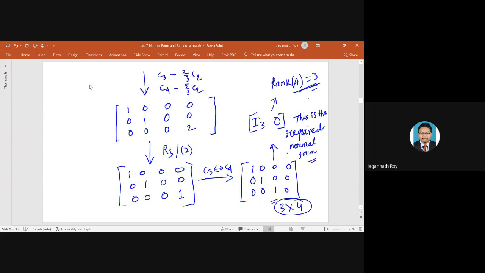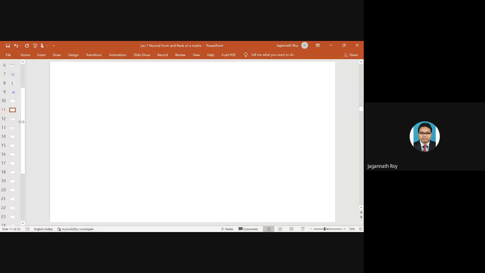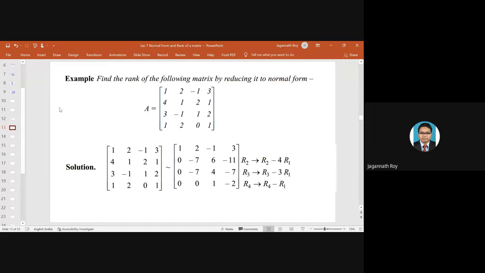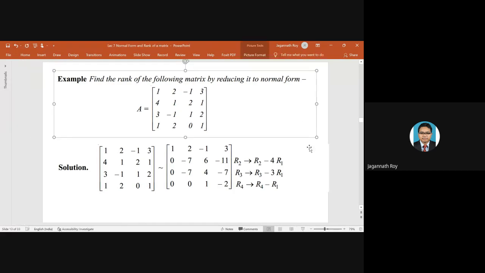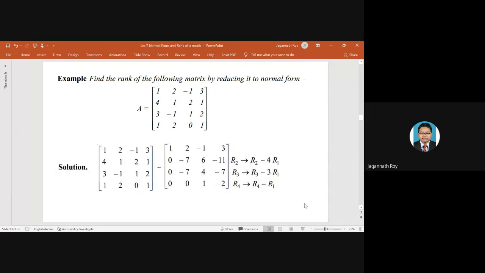Now let us look at another example. Find the rank of the following matrix by reducing it to normal form.